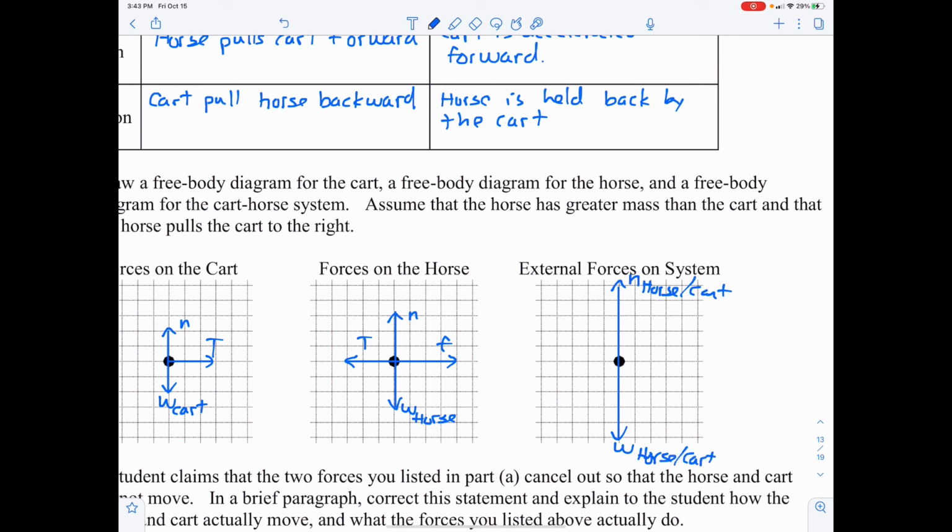Or you could draw separate arrows for each one. Either one works. And then for the system, since these two point in opposite directions, the only thing we have left for the system is the force of the friction moving forward.